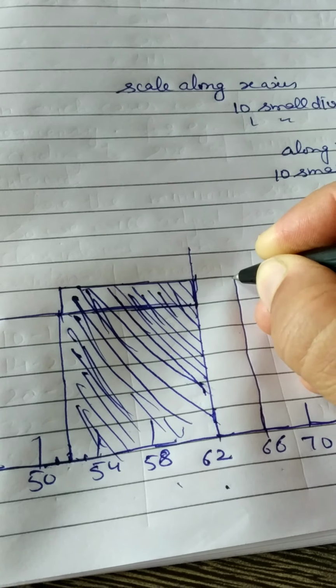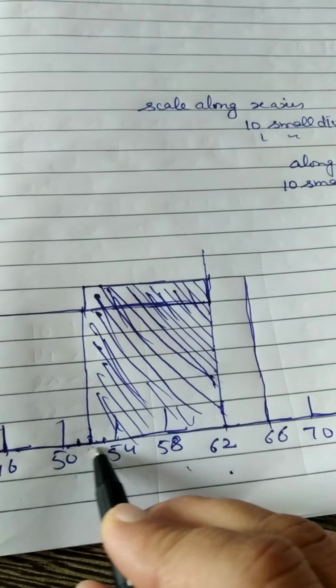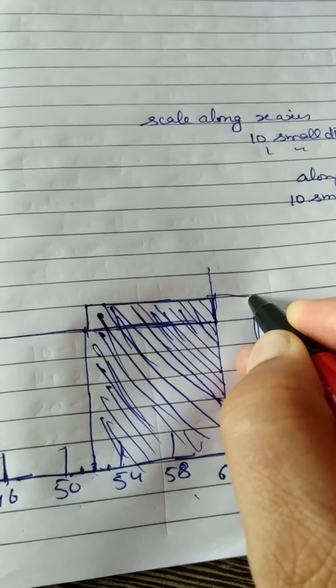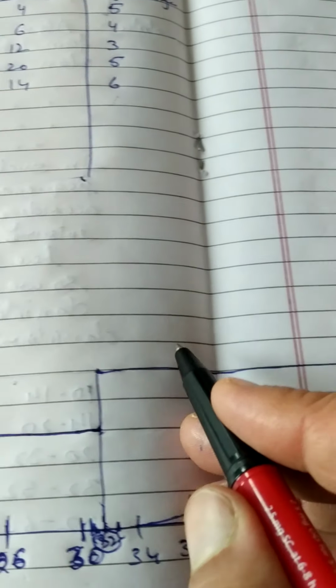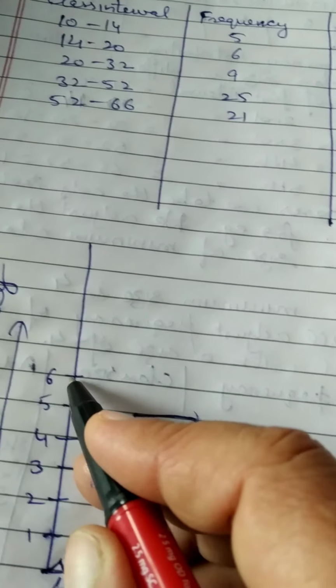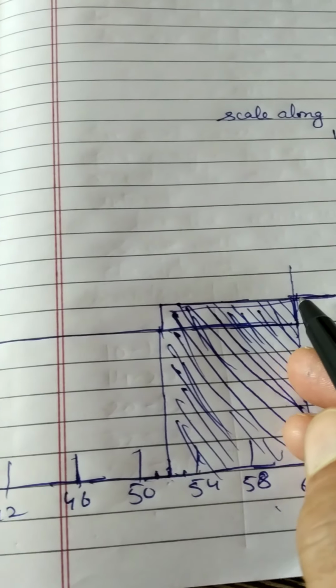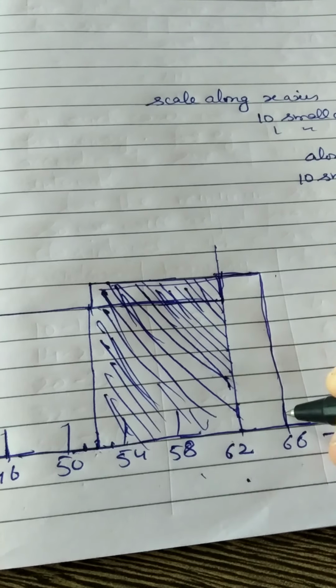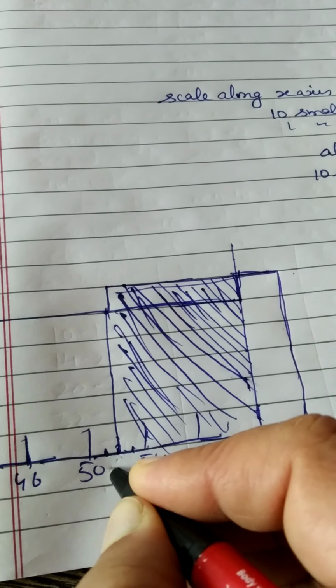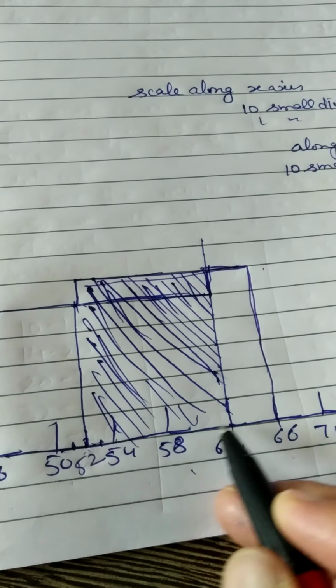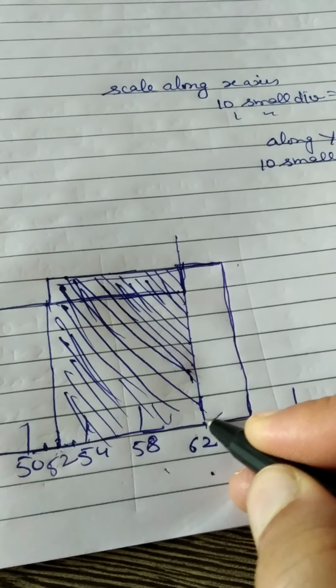This will be the breadth of the bar, from 52 to 66, and the height will be up to the adjusted frequency, which is 6. See, it is the line of 6. The height is 6 and the width is from 52 to 66, like this.